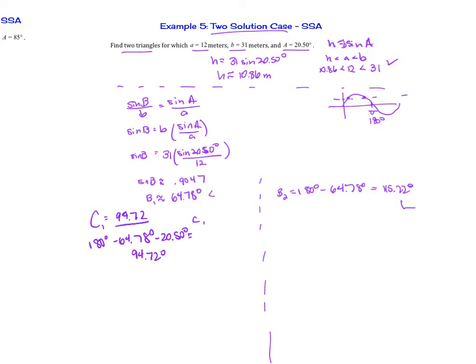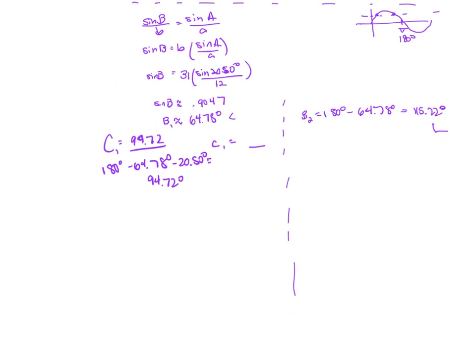Then we need to find the side c. So let's use c over sine of C equals a over sine of A. So c equals sine of C times a over sine of A, and this is c1.